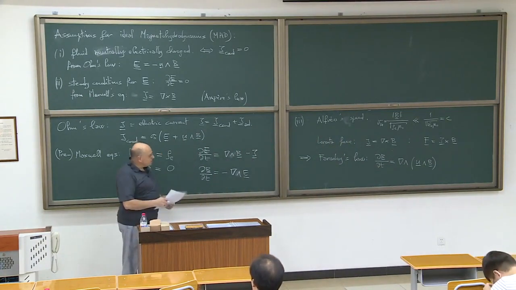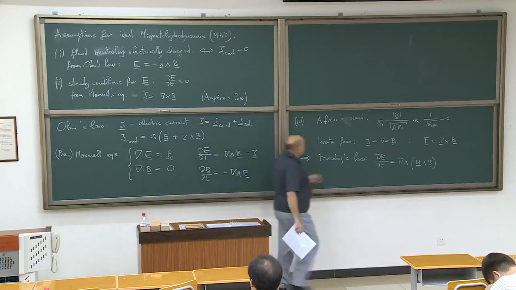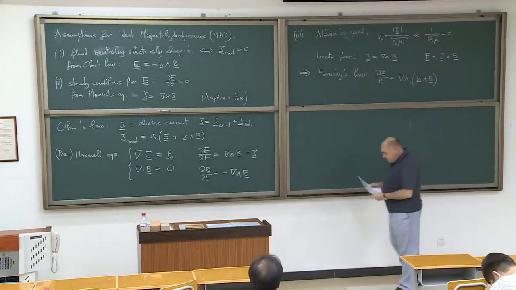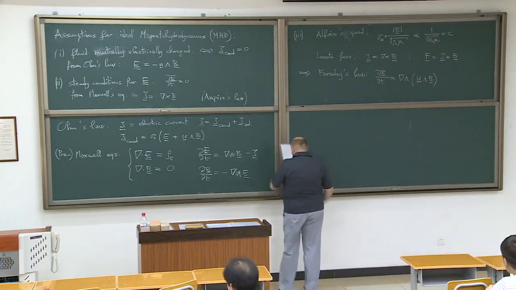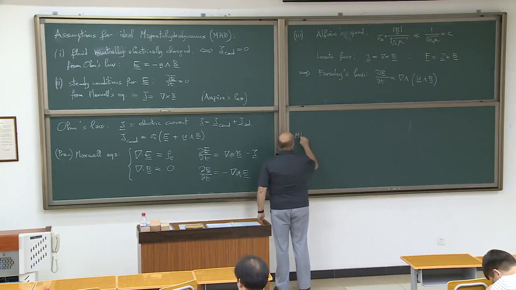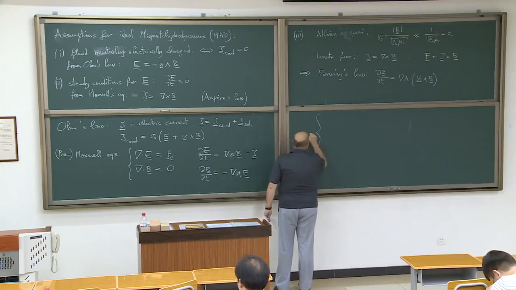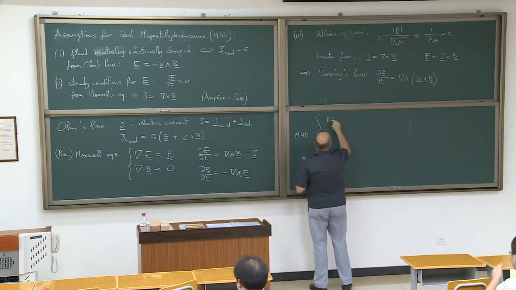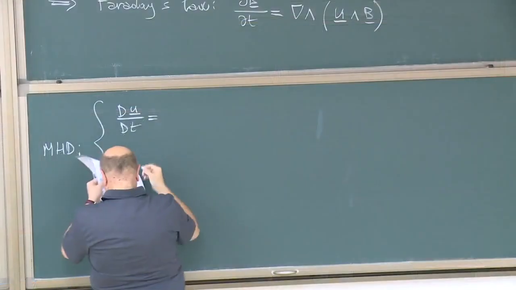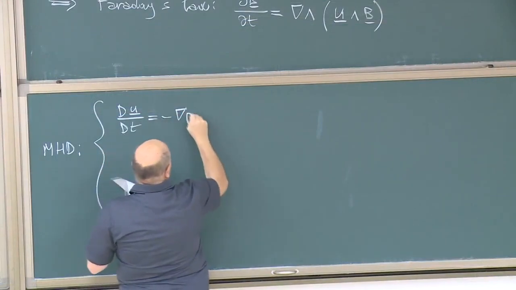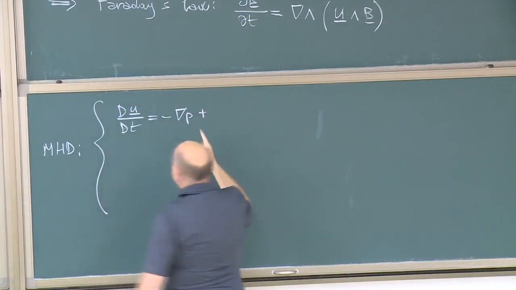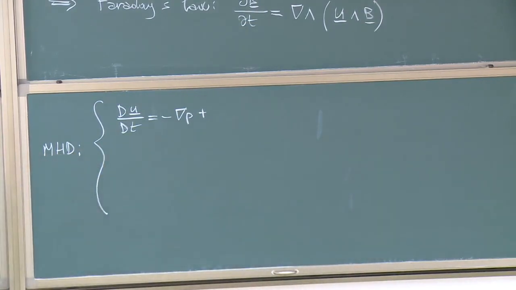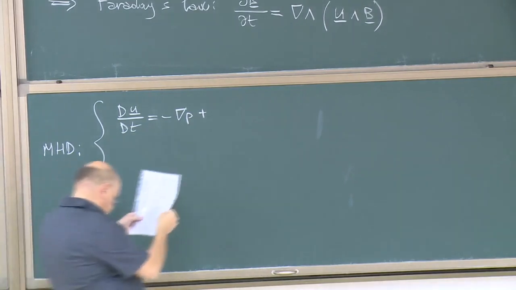So we are ready to have our set of equations. Now I write them down for the last time. The set of equations we deal with are the following. MHD consists of tackling the solution to this problem: du/dt. This is Navier-Stokes, minus grad p. Then I want to put, for the very last time, the dissipative effects, so that we have the full equations in front of us.